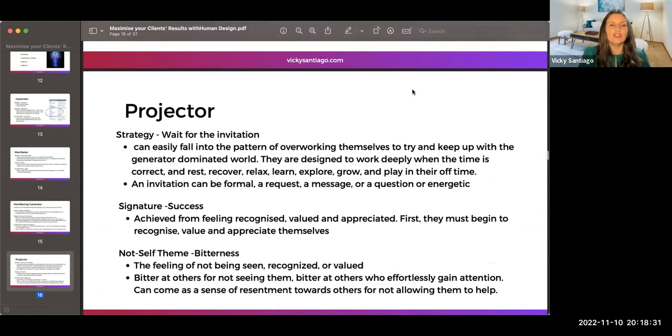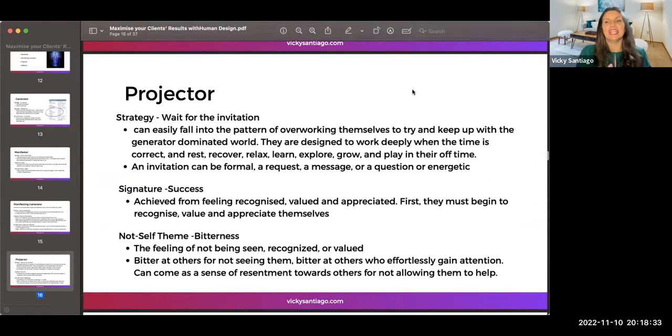All righty, next up, we've got the projector. So a projector's strategy is to wait for the invitation. Projectors have, generally speaking, quite a few undefined areas, especially an undefined sacral. So they don't have that consistent Energizer Bunny energy.